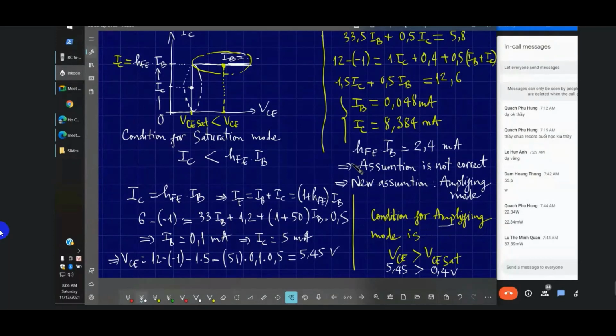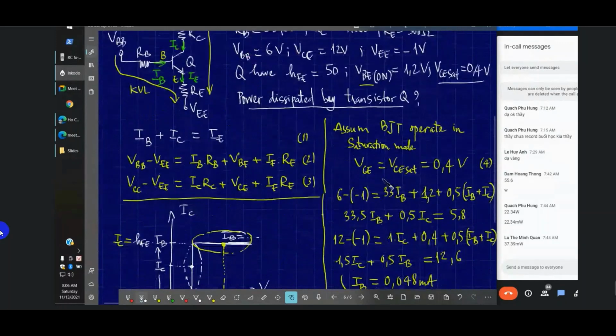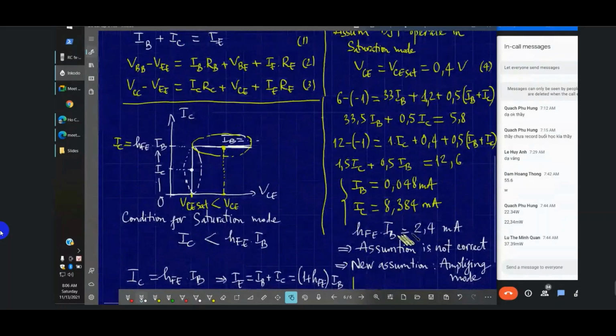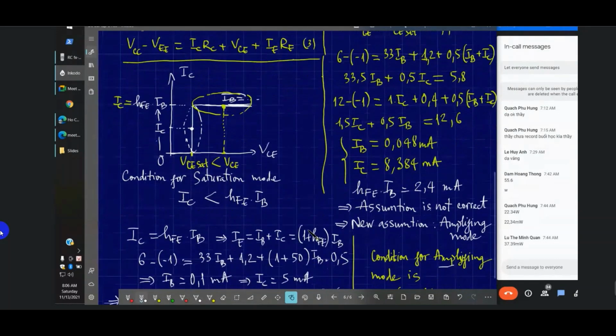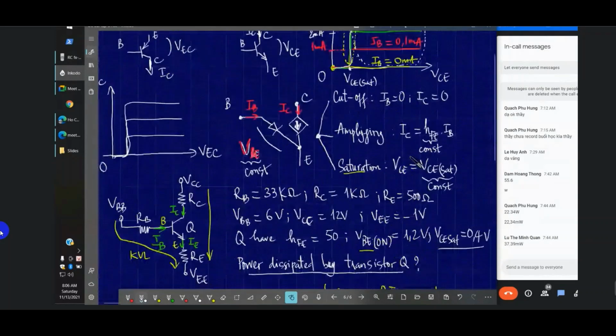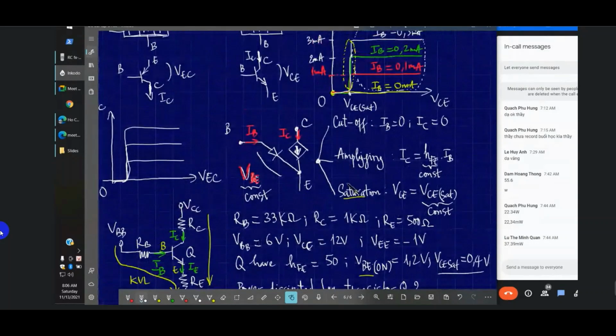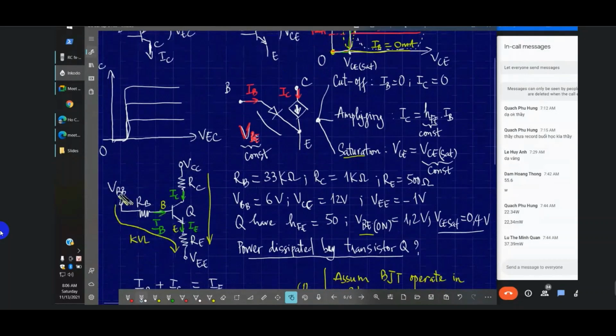Okay, of course, if you make the assumption for the saturation mode and you get the wrong results, the condition for saturation mode is not right, then you can be sure that the transistor will work in amplifying mode, because there are only 3 modes the transistor can operate in. And for the cutoff mode, normally when we have the VBB, you will see that there would be some IB, some value for IB.